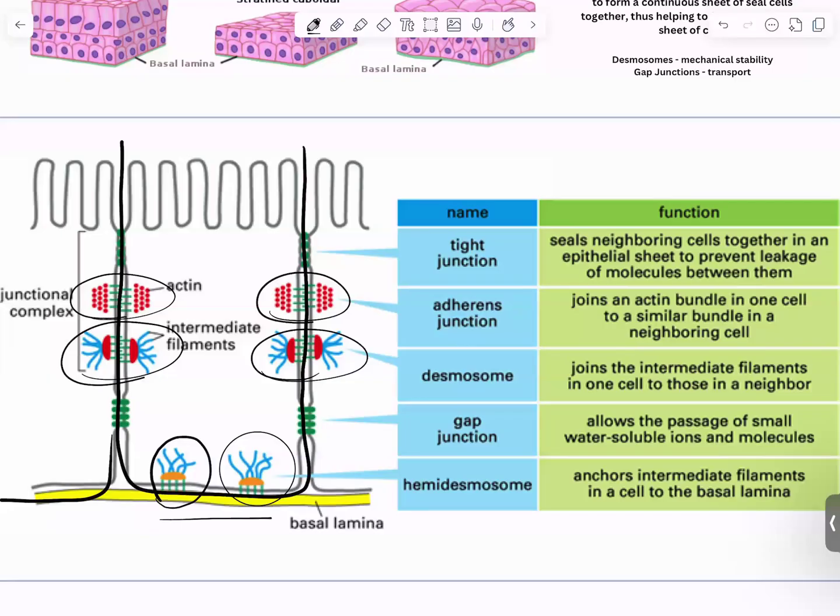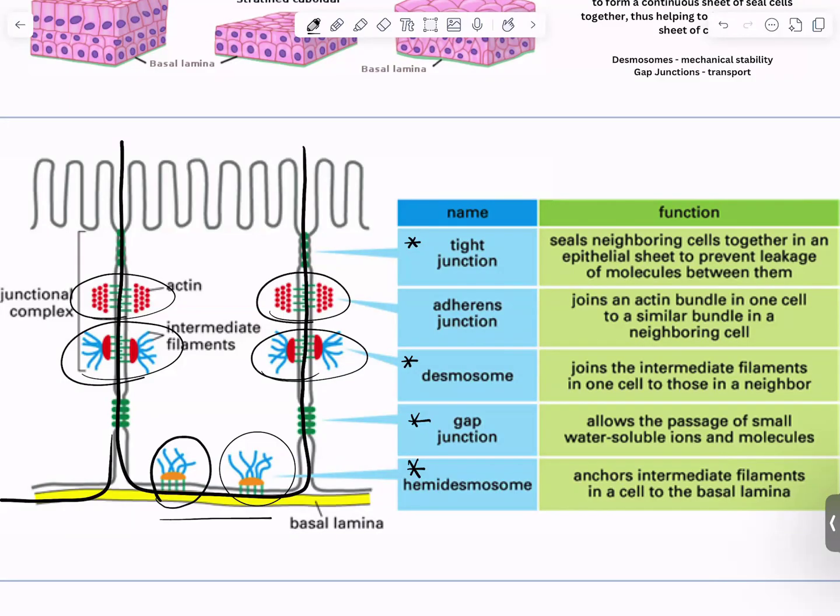Guys, in general, we have tight junction, desmosomes, gap junction, and hemidesmosomes. Adherens junction can be categorized as a part of the tight junction, but we are not going to discuss it in detail.